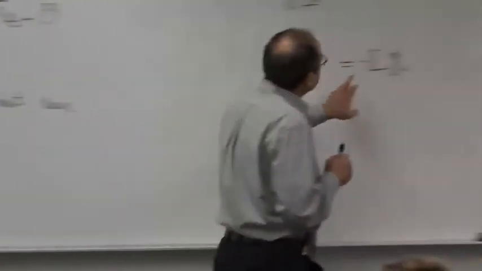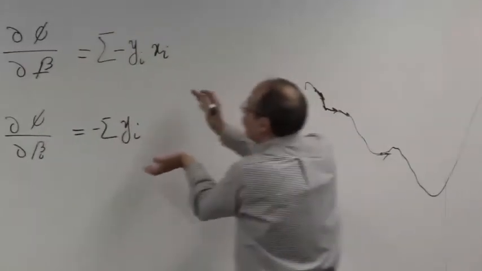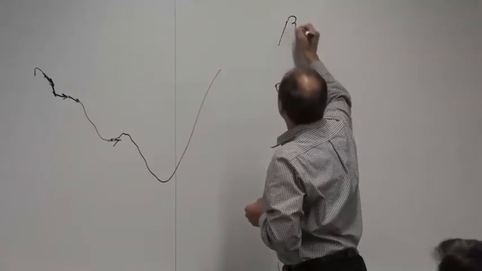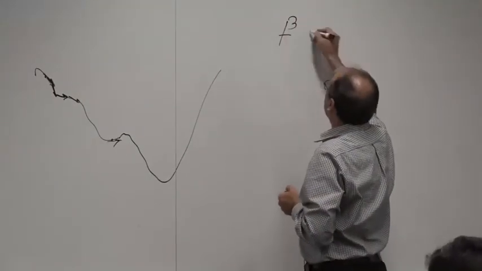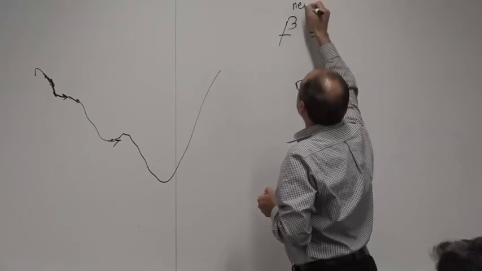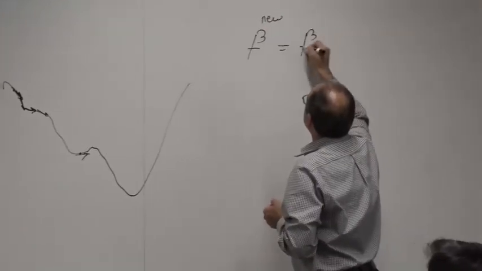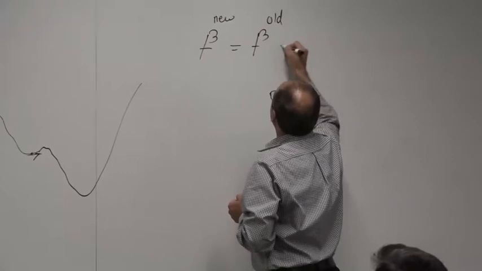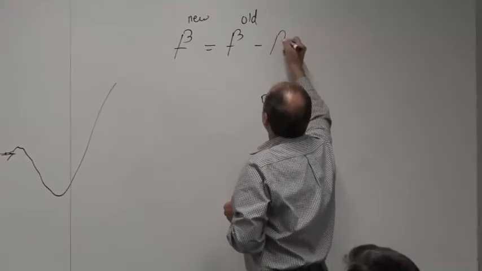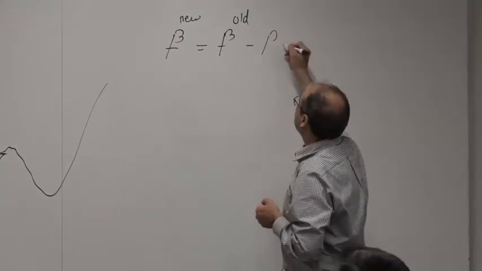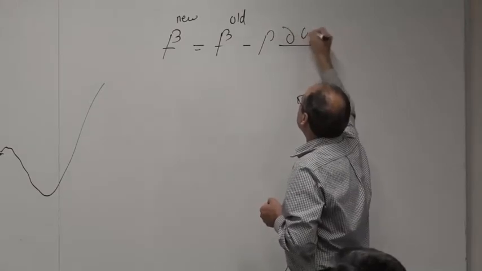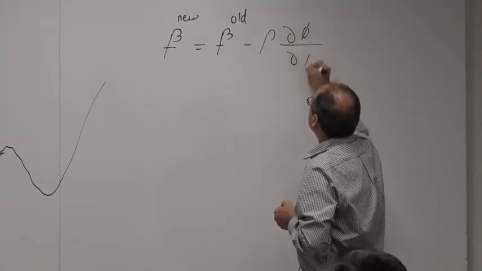So gradient descent, as I said, is just a procedure for finding beta: your new beta is the old beta minus a small step toward the gradient.